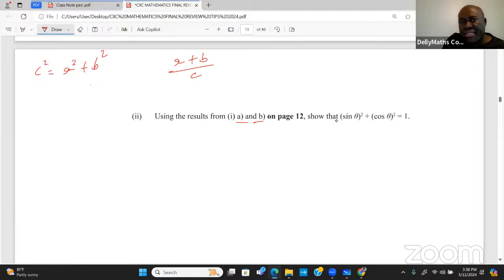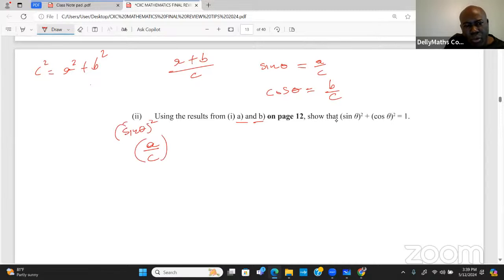Remember that our sine theta, I'm going to write it here, was equal to A over C. Our cos theta was equal to B over C. Remember, we got those. So in this case, what we want to do is represent it very simply. Sine theta is A over C, and I'm going to square that, because we're talking about sine theta squared.